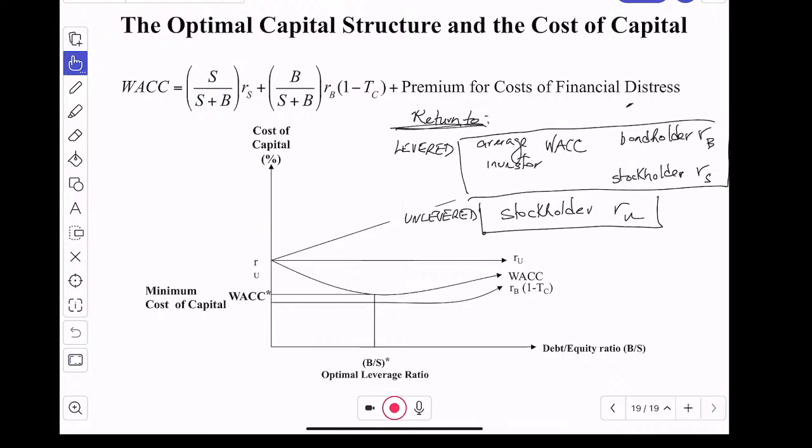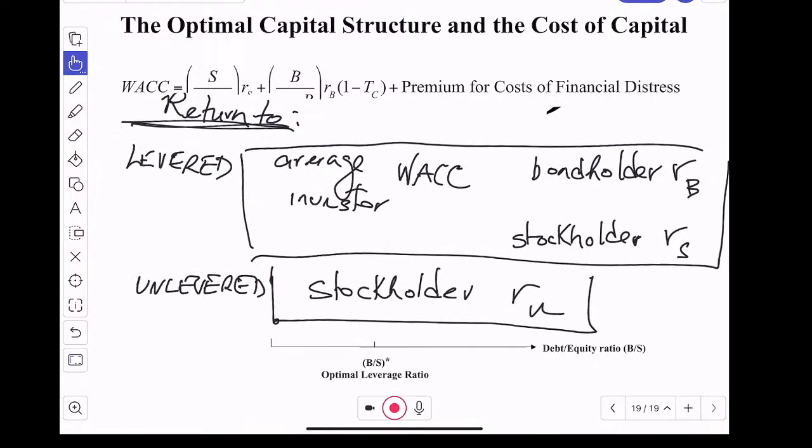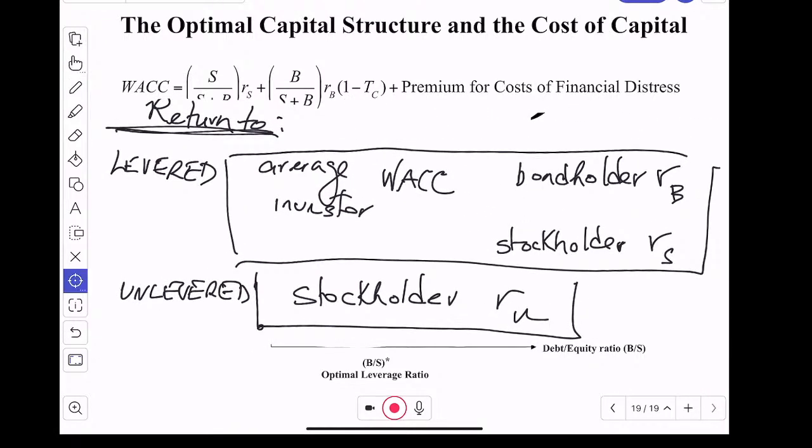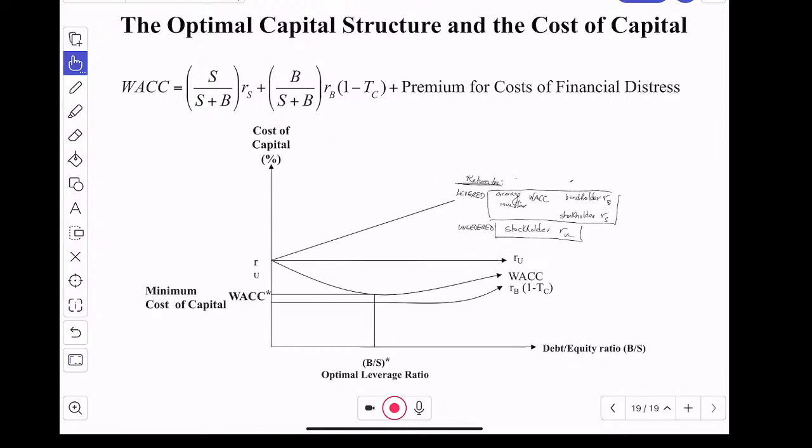Remember all our players. There, we have to consider the return to the average investor in the levered firm, the bondholders in the levered firm, and the stockholders, like purely bondholders or purely stockholders. And then we want to see what happens to them.